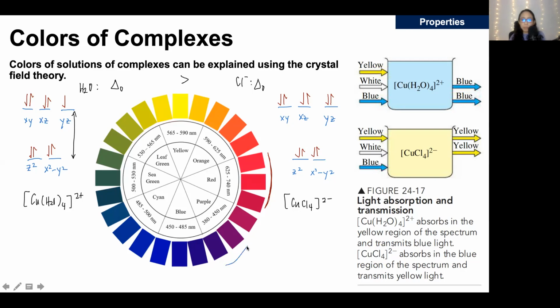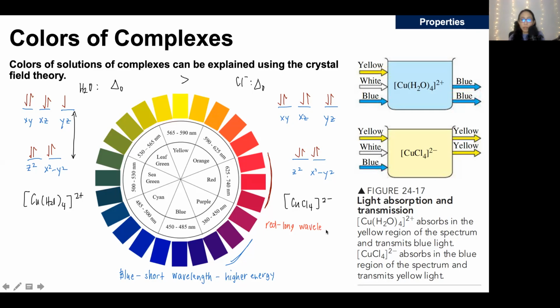Blue, short wavelength, higher energy. So wavelength is inversely proportional to energy. Short wavelength, higher energy. Now for red, we have long wavelengths.